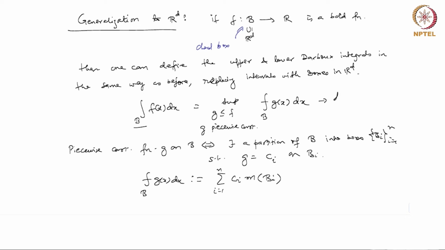So this is the lower Darboux integral, and we can also define the upper Darboux integral of f(x) over this box B, which is the infimum over h with f less than or equal to h, h piecewise constant on B, of the piecewise constant Riemann-Darboux integral of the function h.